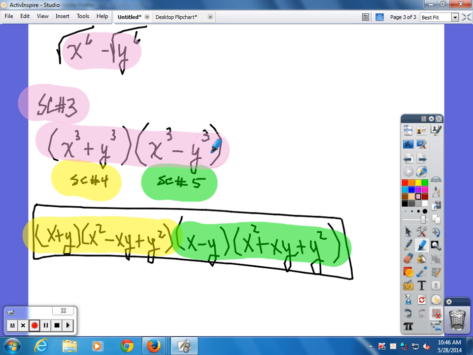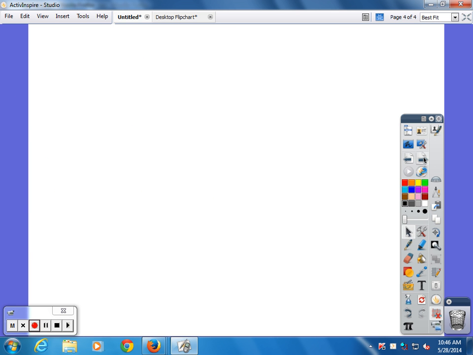Now, that's using shortcut number 3 first. Well, what if we use shortcut number 5 first? Well, let's do that. x to the 6th minus y to the 6th. Well, I'm going to use shortcut number 5, which is the difference of two cubes.